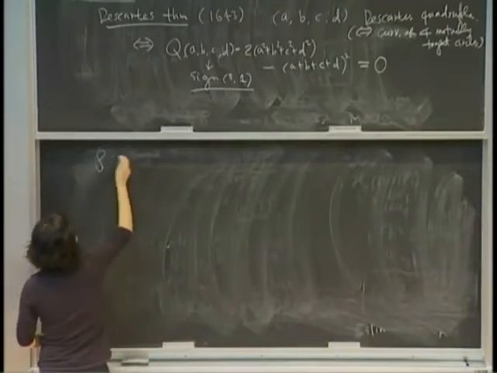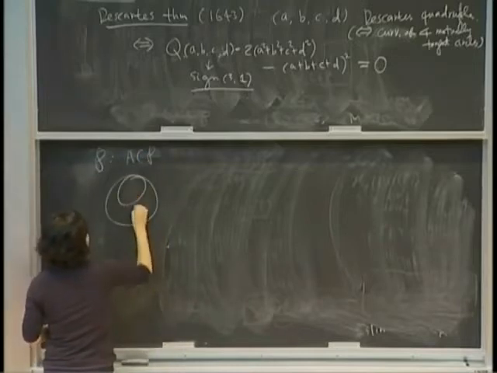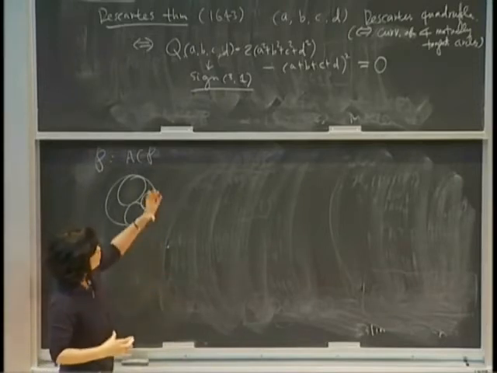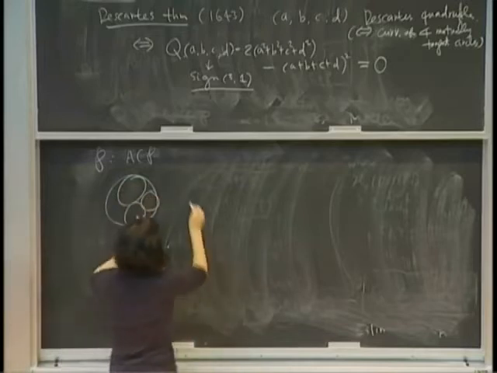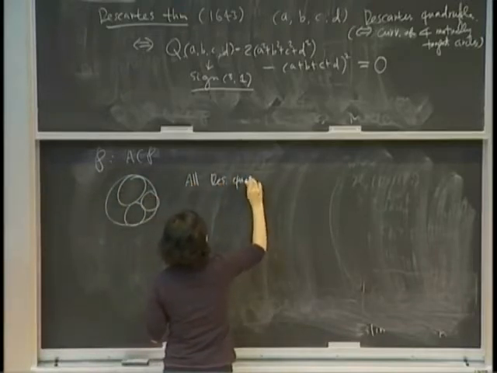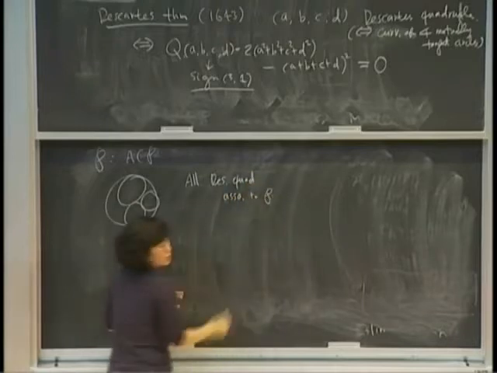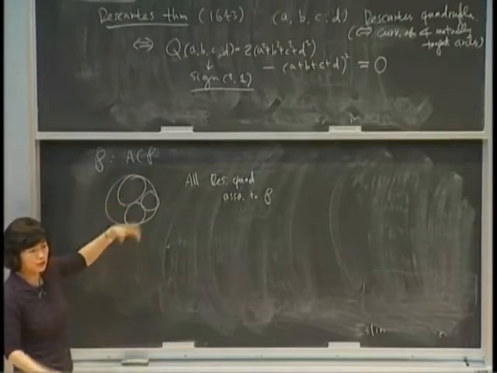let P be any Apollonian circle packing, so we have this bunch of circles like this. Look at all the Descartes quadruples associated to P, meaning we consider all possible 4 mutually tangent circles arising from P and look at their curvatures.